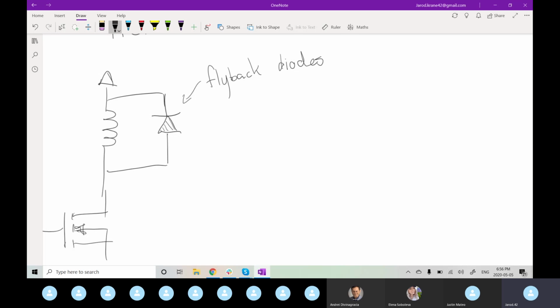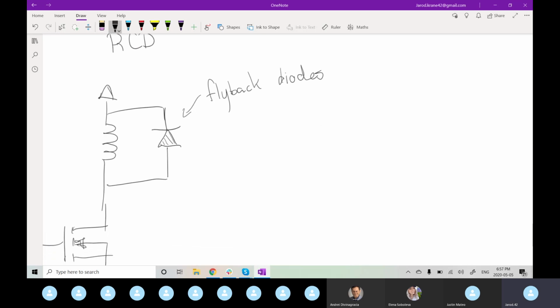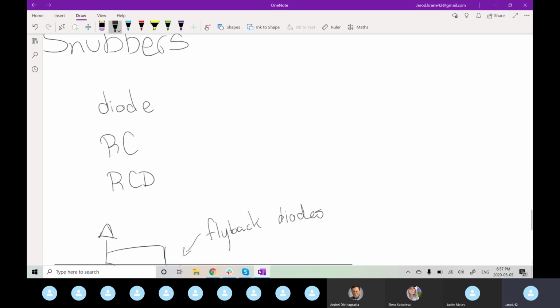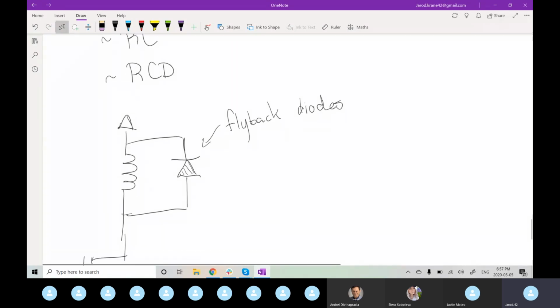They're nothing special. They're not a different type of diode. It's still just a diode. But if it's only a diode being used as a snubber, that's typically how it's known. But when we're talking snubbers as a whole, it's all the different variations that we can possibly get.